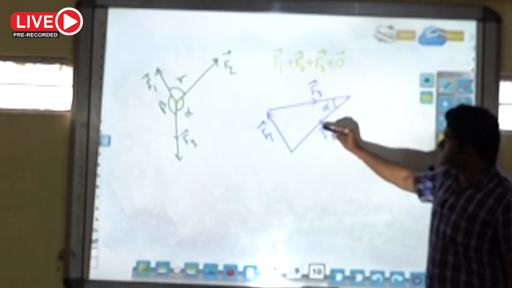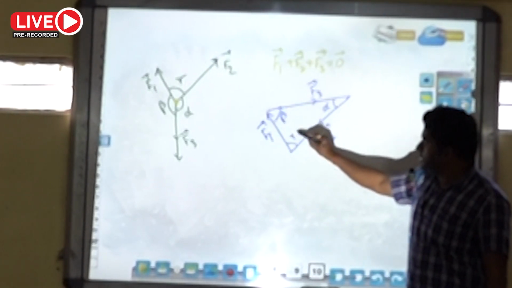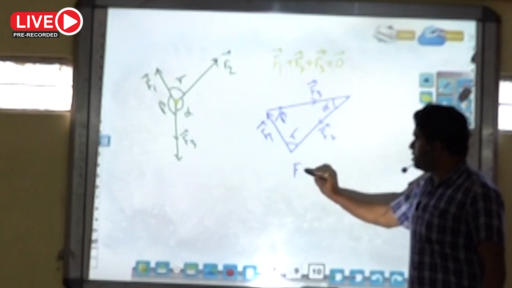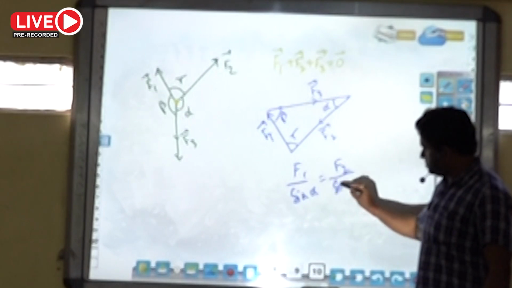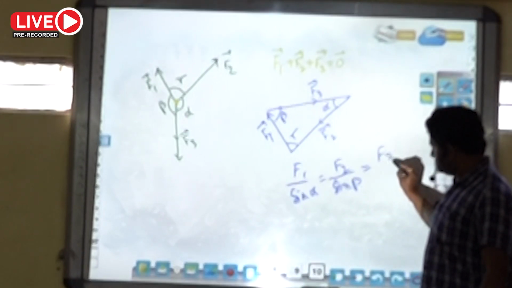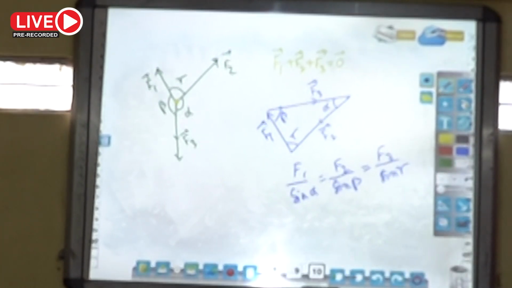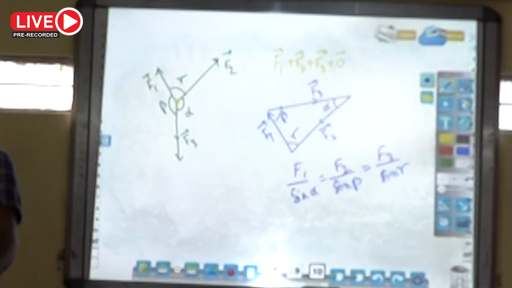F2's opposite angle is beta, F3's opposite angle is gamma, and you can immediately write for both of the shapes F1 by sine alpha equal to F2 by sine beta equal to F3 by sine gamma, called Lami's theorem, or in trigonometry it is generally termed the sine rule. The cosine rule you have already studied, that is the vector addition formula, which is actually the cosine rule for the triangle. This is the sine rule for the triangle.